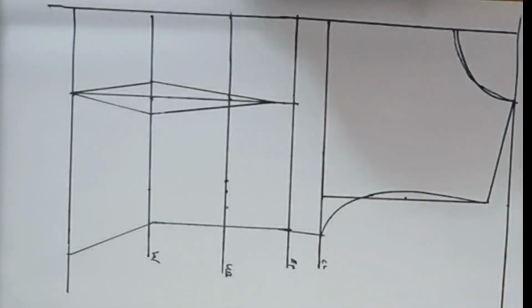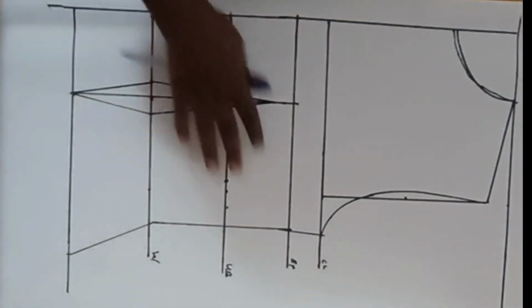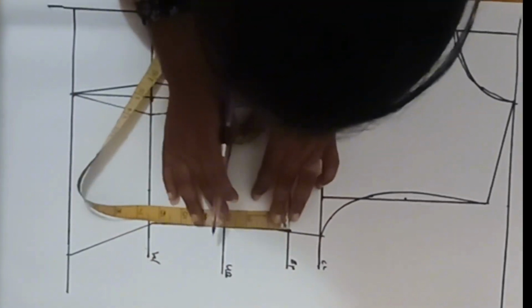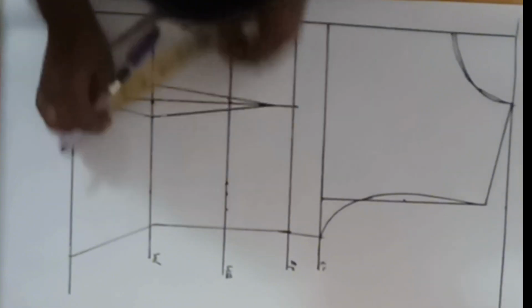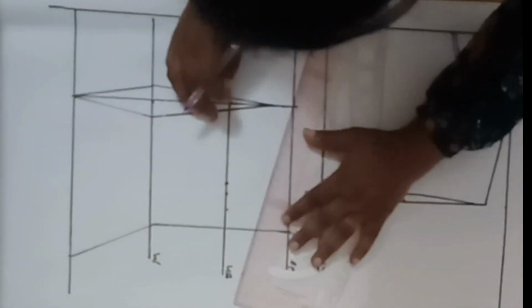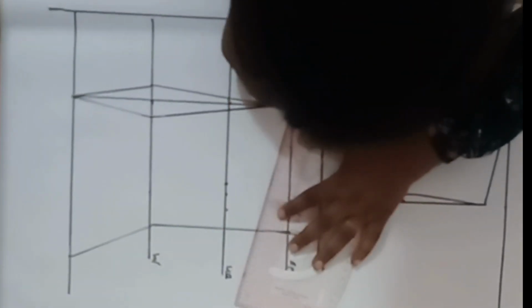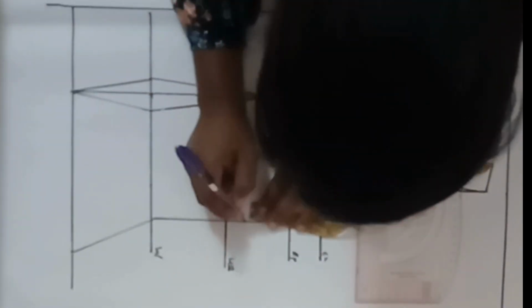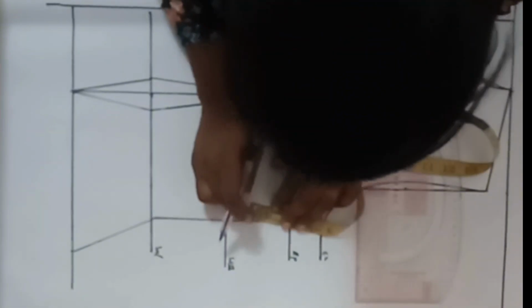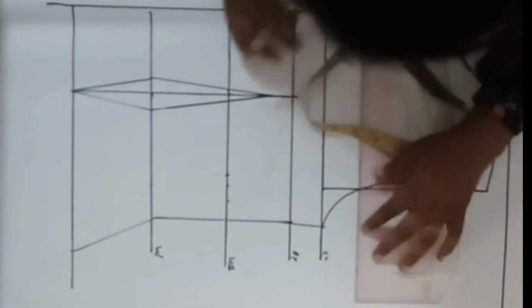All right, so now we take our arm side dart. I'm dividing the gap between the bust point and the under bust, and then I'm connecting it to the bust point. You can see I'm just going in and out by 0.5 inch.